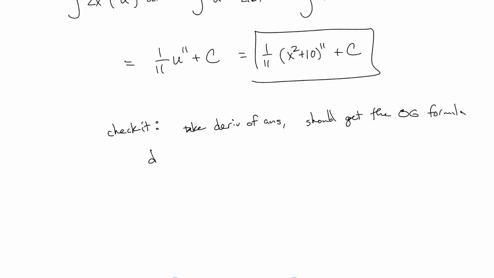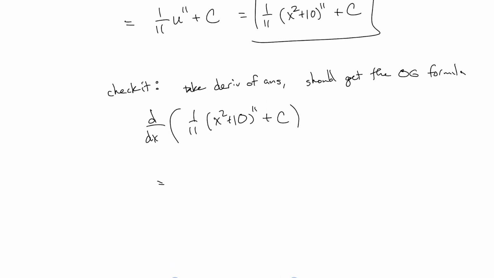Can we do that? So if I take the derivative of 1 over 11, x squared plus 10 to the 11, plus c, right? The derivative will kill the c. The c is just a constant added onto the end, so that's going to go away. But the rest of it, this is a nice opportunity to review the chain rule. What we have here is stuff inside of another thing, and I hope you all remember how to do the chain rule. You do the derivative of the outside, leaving the same thing on the inside, and then you multiply times the derivative of the inside.